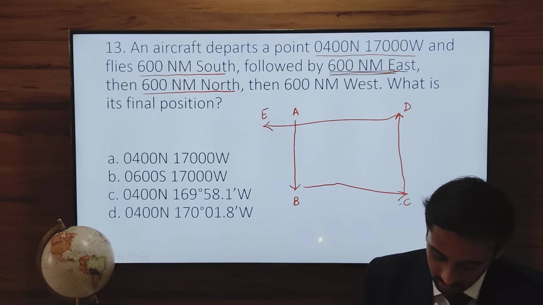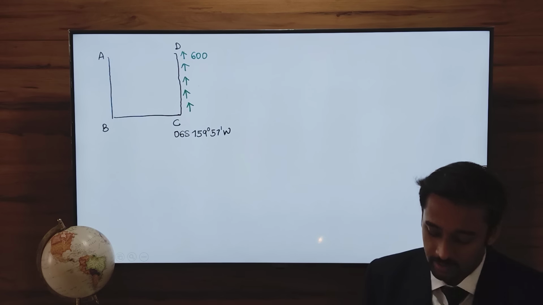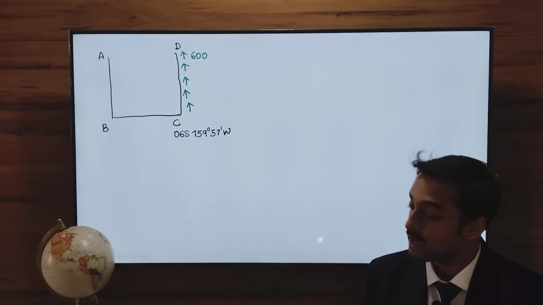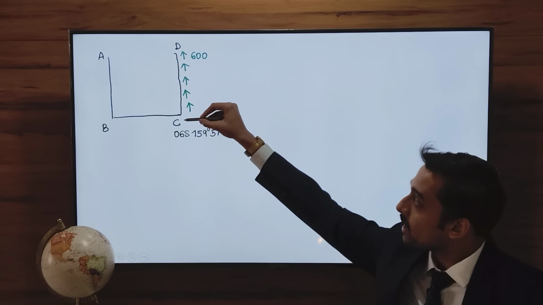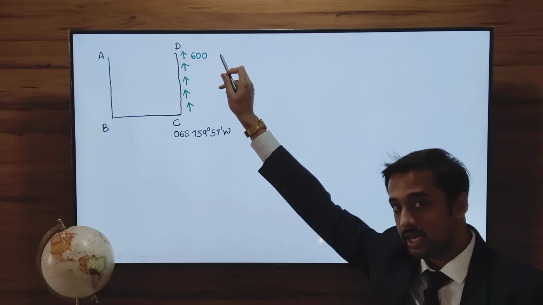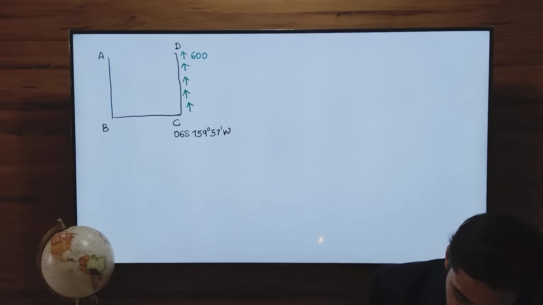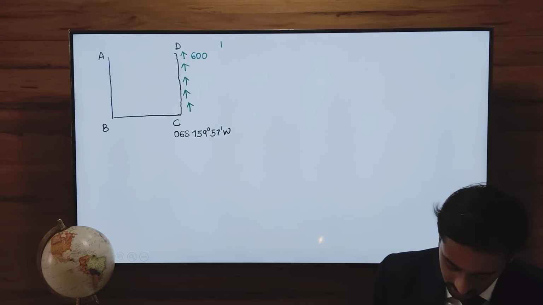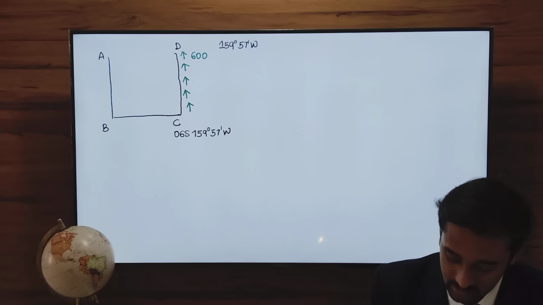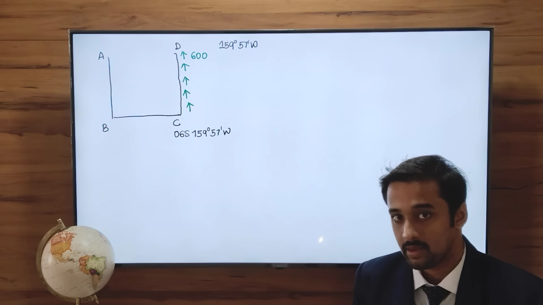So what will be the coordinates of point D right now? Now since both are on the same longitude, the longitude of C will be equal to the longitude of D. So let's write the longitude of D as 159 degree 57 minutes west.